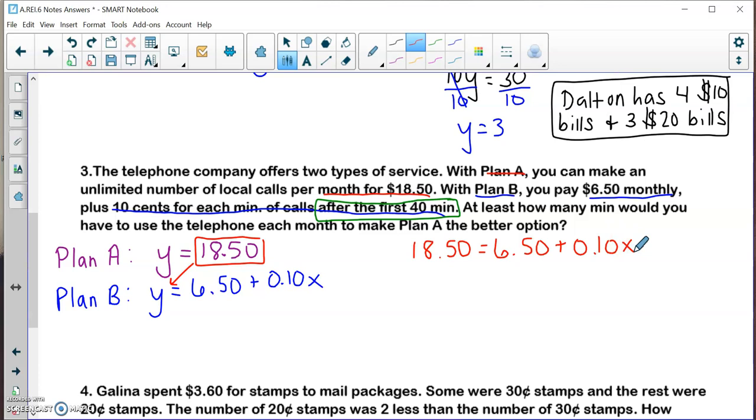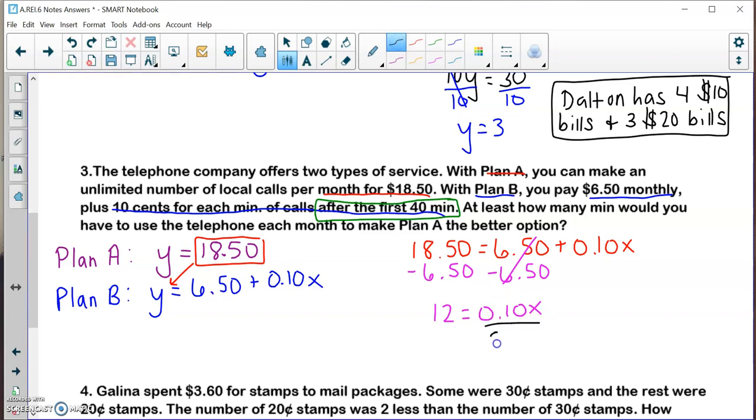All right, and now I'm going to solve for x, which is the number of minutes, by subtracting $6.50. And I wind up with 12 is equal to 10 cents per minute.